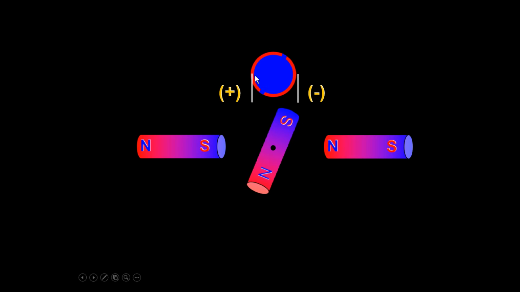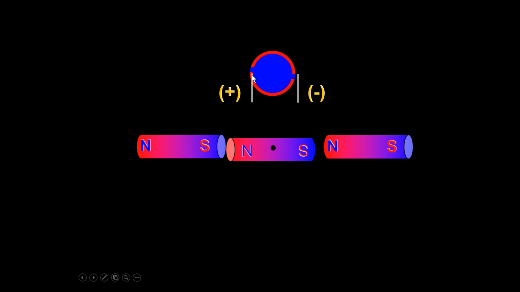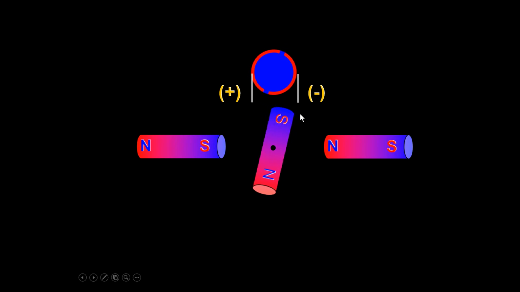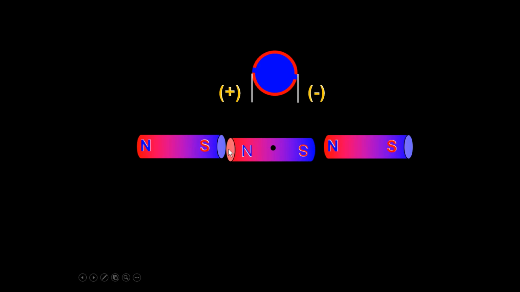And just as it makes half a turn here, when that one brushes over there and just switches from that side to this side, it's going to switch the direction of the current, and it's going to, again, make a repulsive force here and a repulsive force here. This is going to get attracted to here, and just as it gets there, it's going to cross over from there to there.